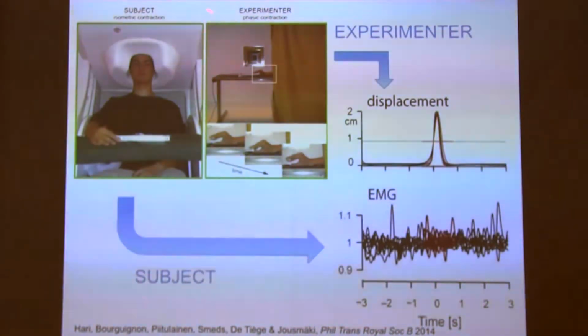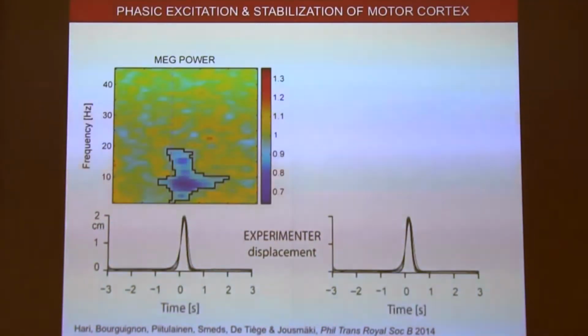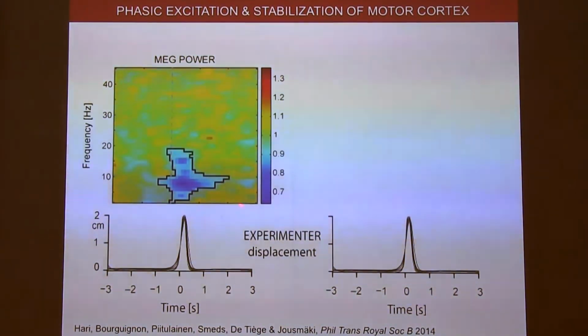So this is a displacement of the experimenter's hand actions, and then we take also electromyogram from the subject, and we see that he's not changing his contraction force. Then we look at what happens in MEG, the MEG power in the primary motor cortex.